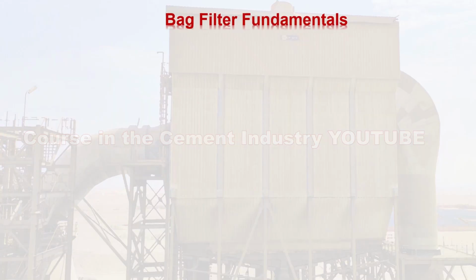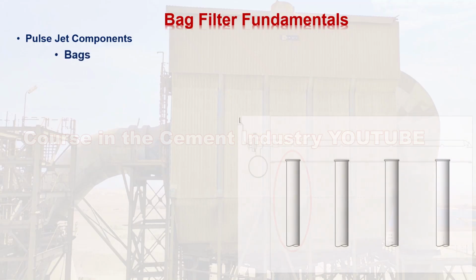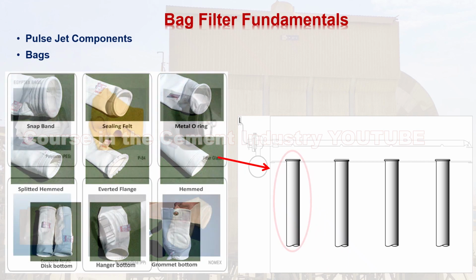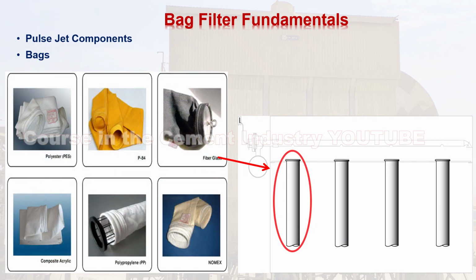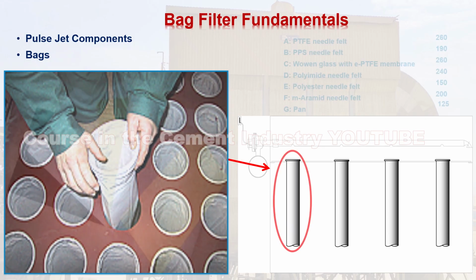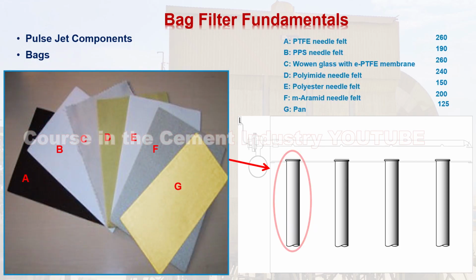Bag filter fundamentals. Pulse jet components. Bags. The working conditions in which the bag will be installed are the most important parameters required for choosing the correct filter media. 1. Temperature. 2. Dust particle size. 3.